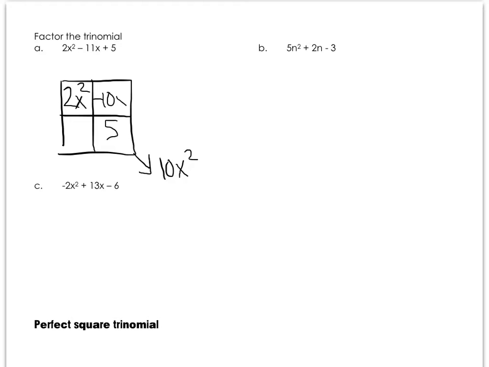So negative 10x, negative 1x. GCF becomes 2x, 2x times x, 2x times negative 5, x times negative 1. Factors become x minus 5, 2x minus 1.